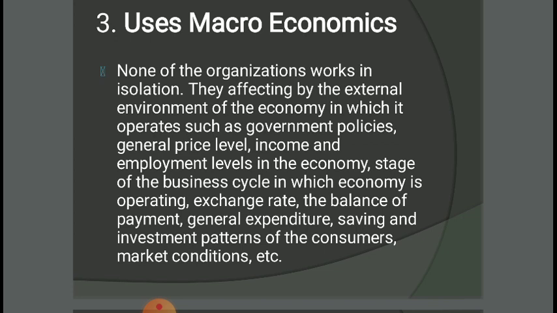If the income of the total economy is increasing or employment is increasing, then the income of our customers will also increase and they will demand goods in the market. The next is the stage of the business cycle in which the economy is operating. A business cycle has basically four phases, but we can take two, that is boom and recession.